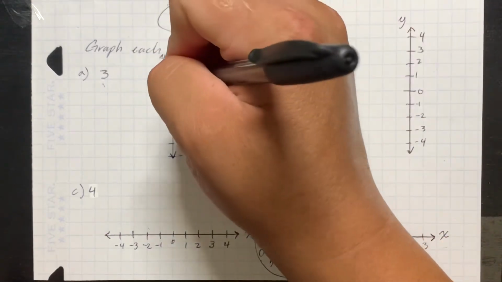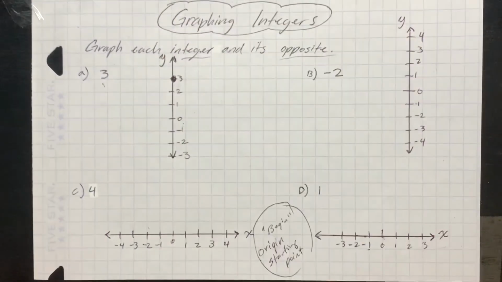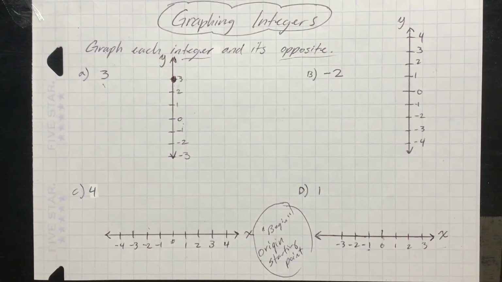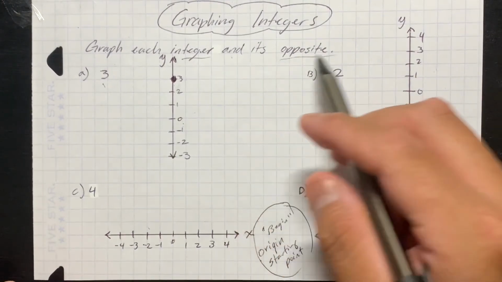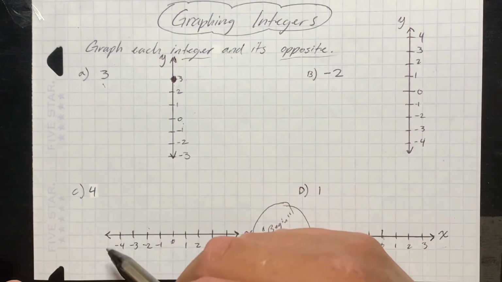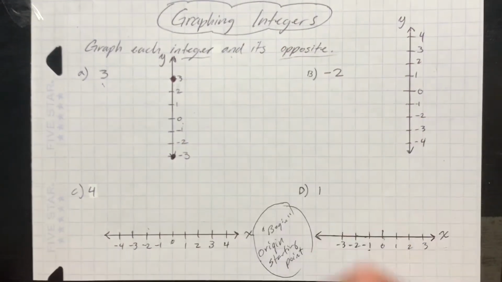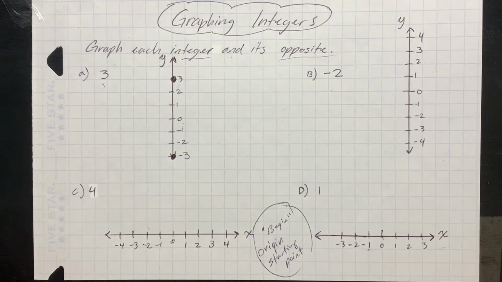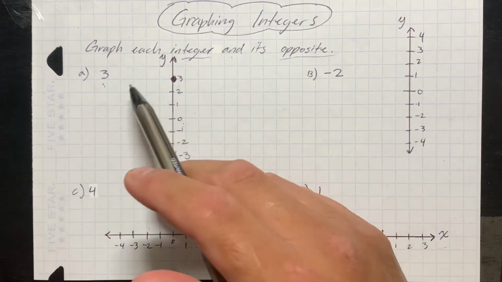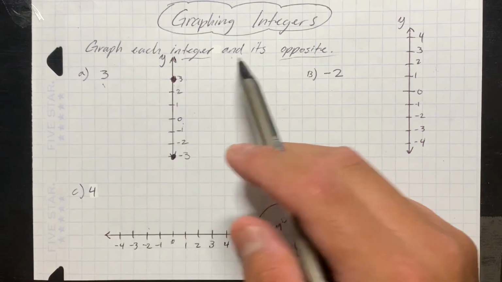You go up 3. I'm going to graph that there. Boom, that is it. I'm done. Oh, it told us and its opposite. So what is the opposite of positive 3? Well, negative 3 would be its opposite. So there we go. We graphed positive 3, the integer 3, and its opposite.